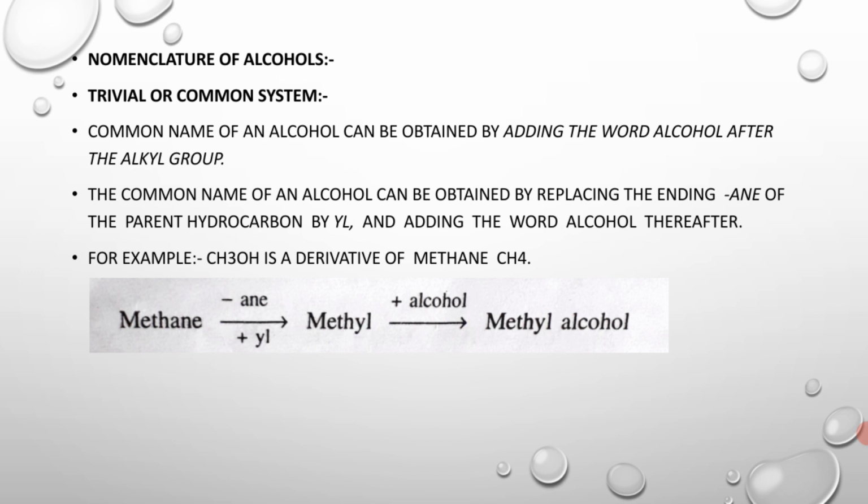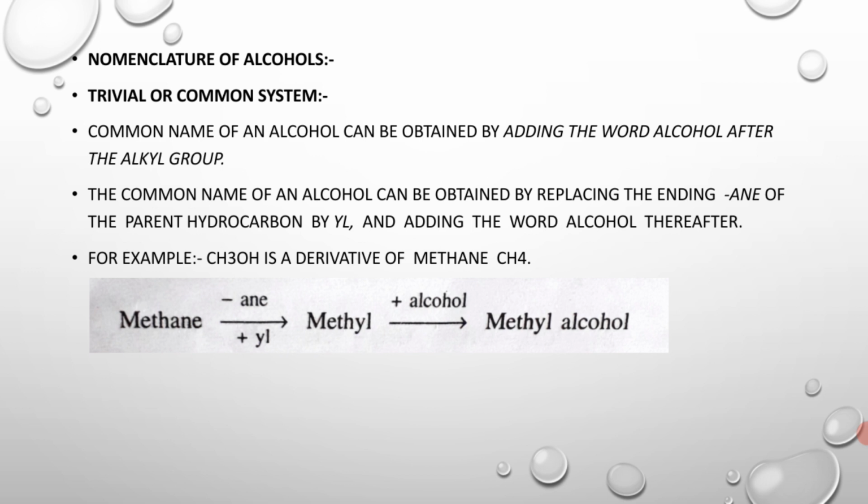In this system, the common name of an alcohol can be obtained by adding the word alcohol after the alkyl group. The common name of an alcohol can be obtained by replacing the ending ane of the parent alkane by yl and adding the word alcohol thereafter.